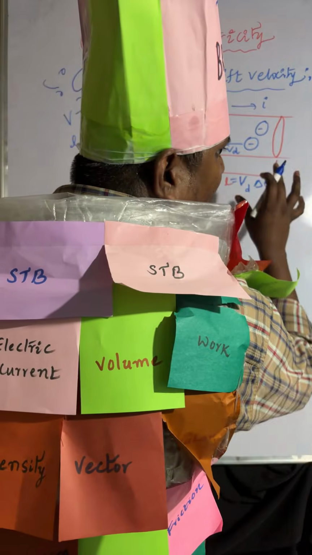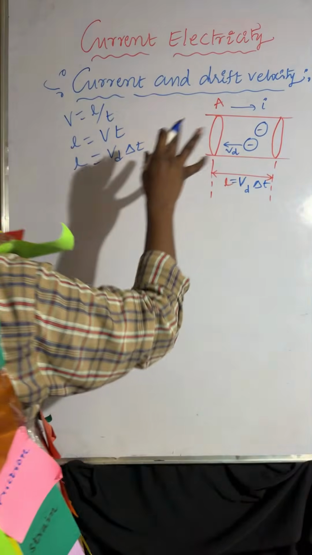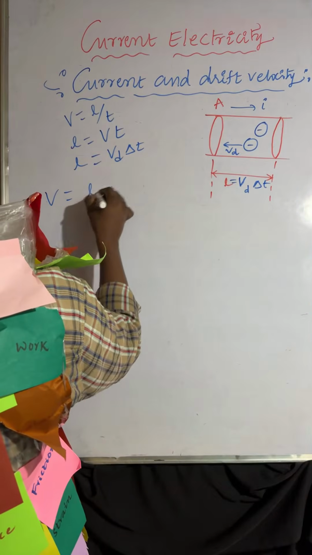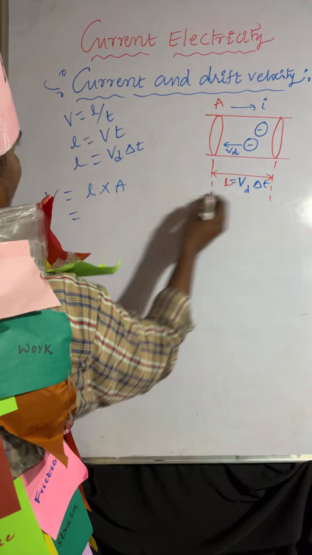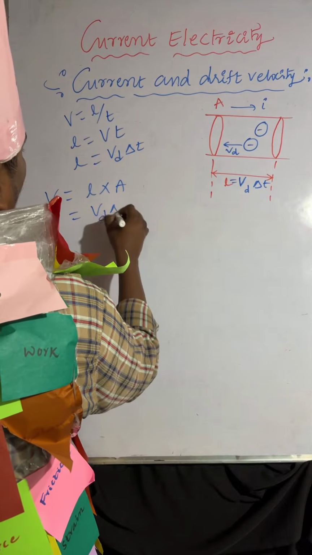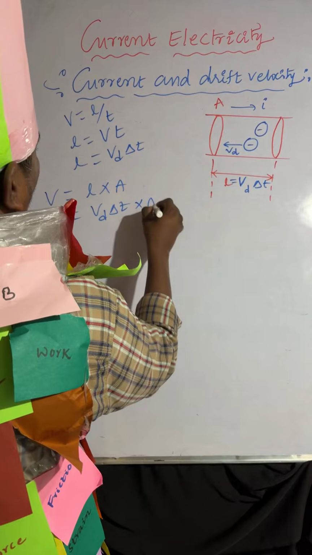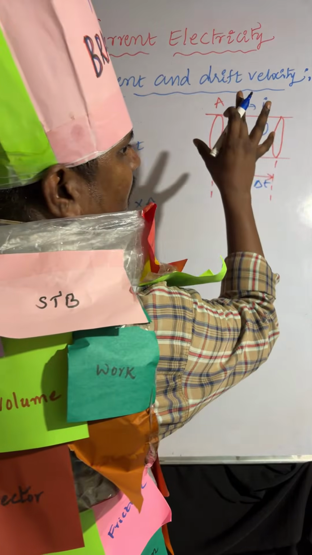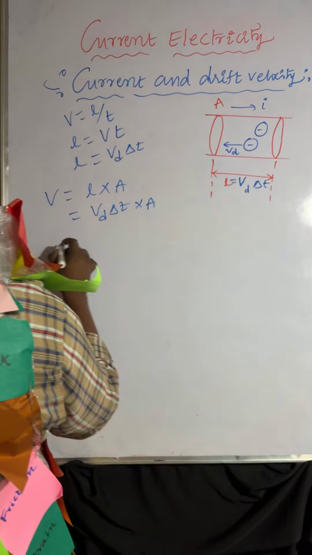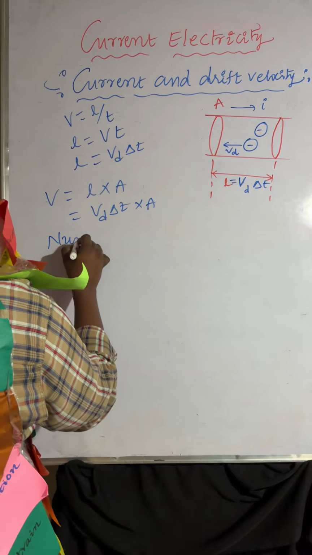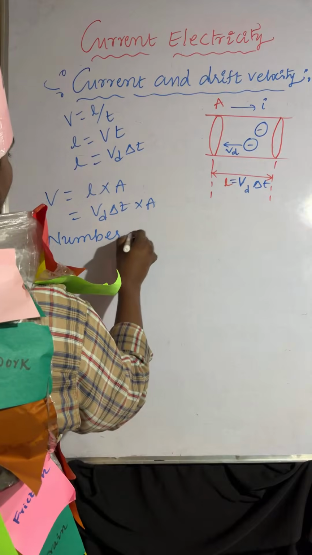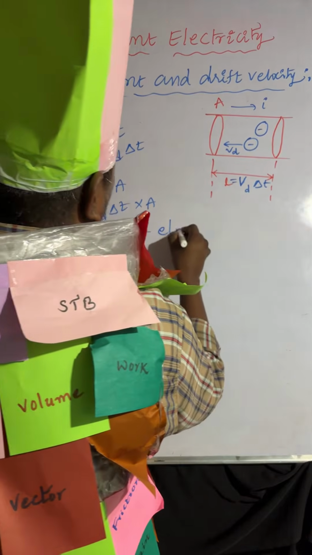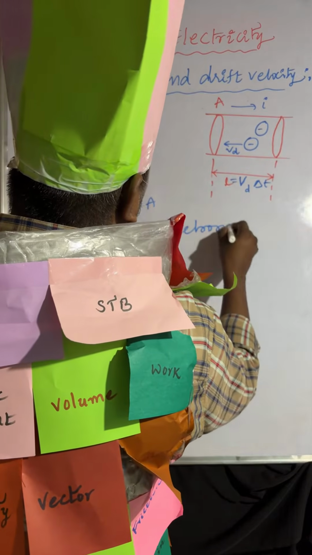What about the volume of this conductor? Volume equals length into area, and length is Vd into delta t, so volume is Vd into delta t into A. What about the number of electrons present in the particular volume?